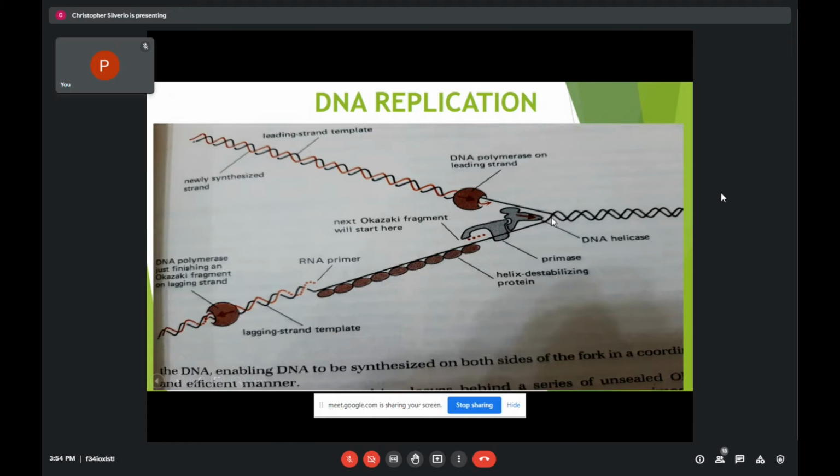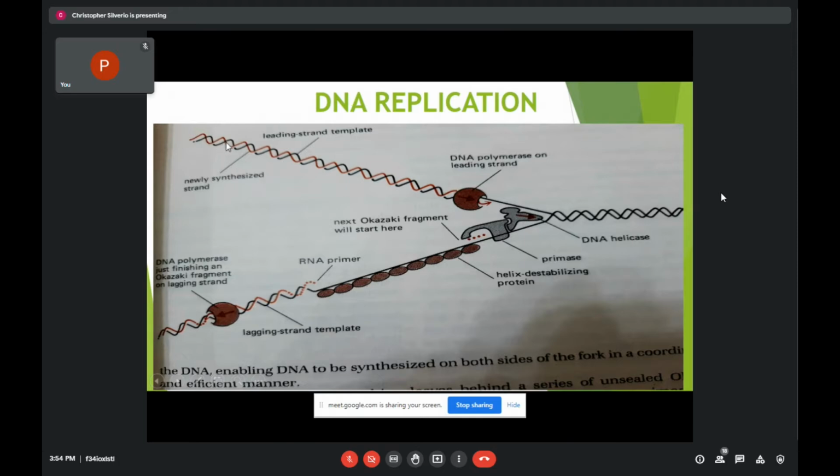The DNA helicase opens the DNA strand and has it separated into two single strands. Okay. So, once it is open, replication occurs.